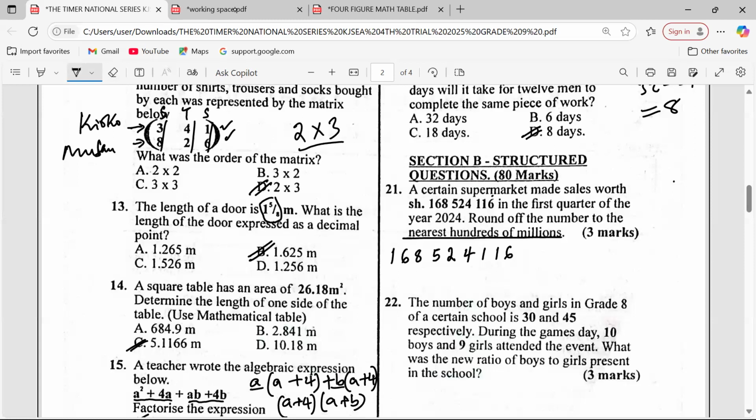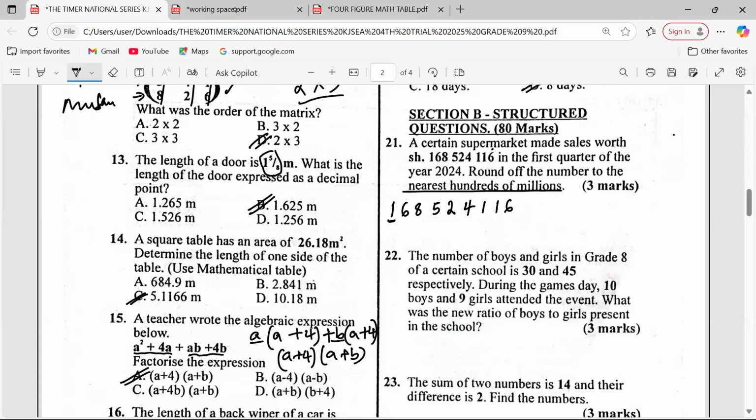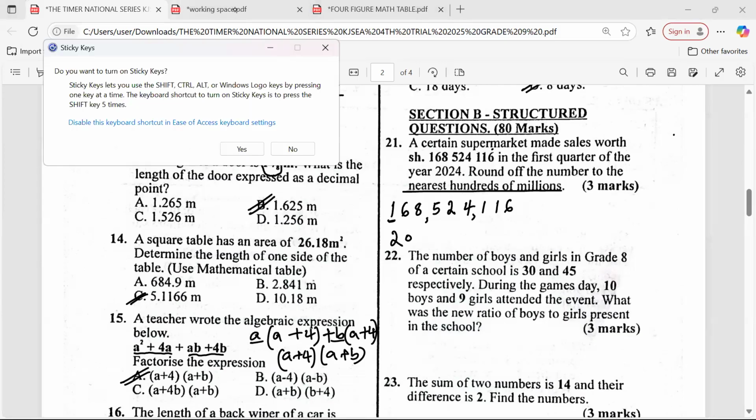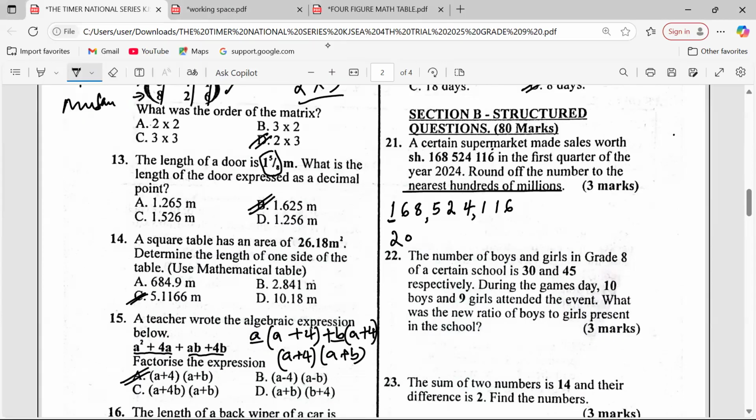So in the place of hundreds of millions, we have digit 1. So we consider the number to the right of this one. It is a 6. So 6 can increase 1 to 2. And now everything else becomes a 0.